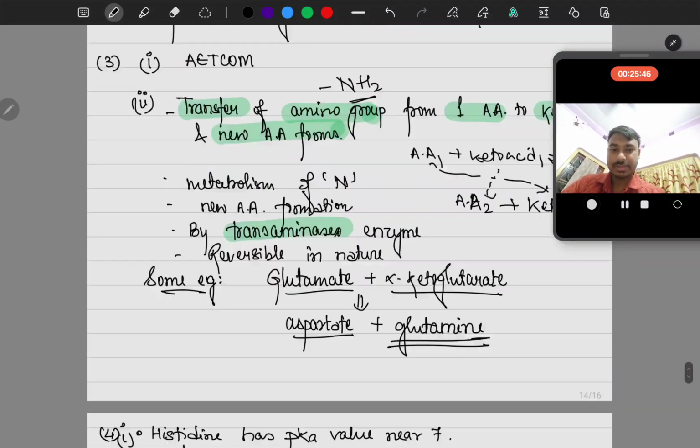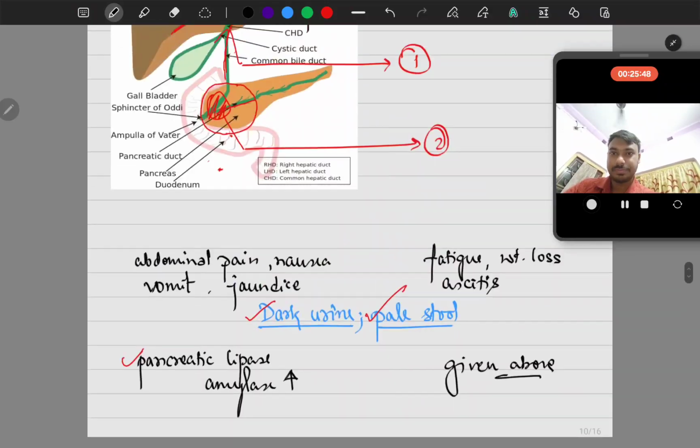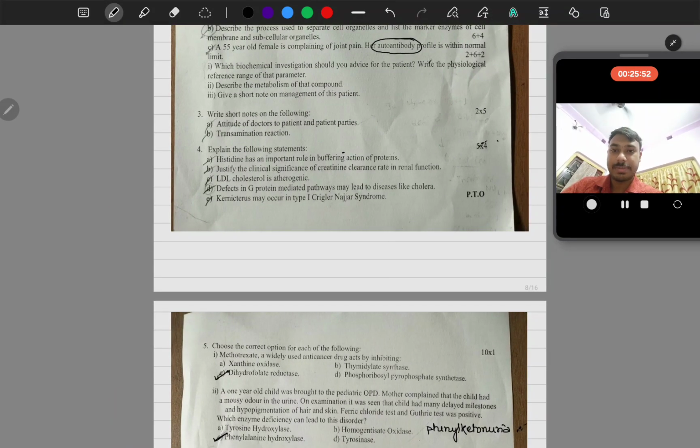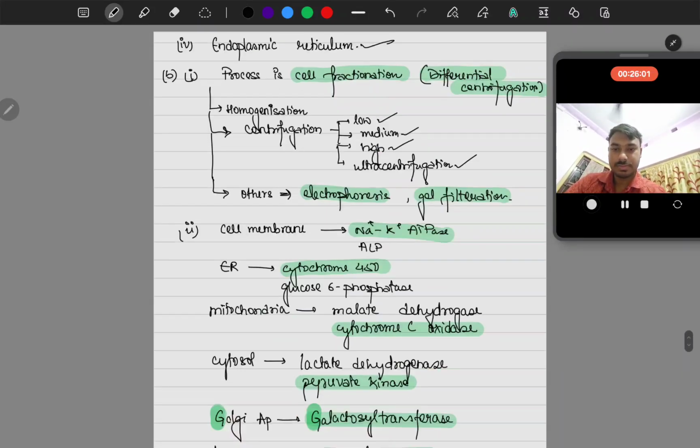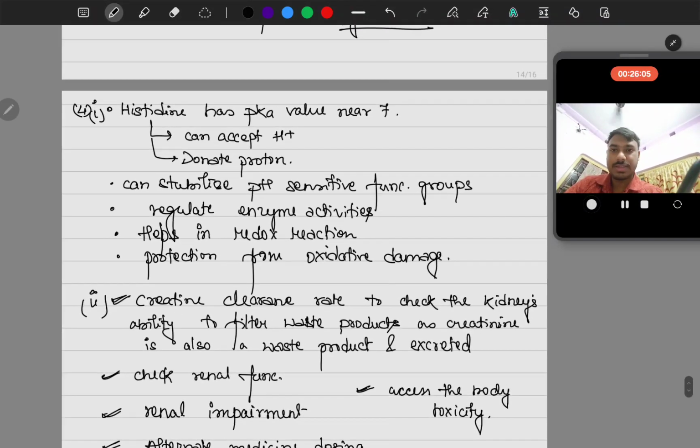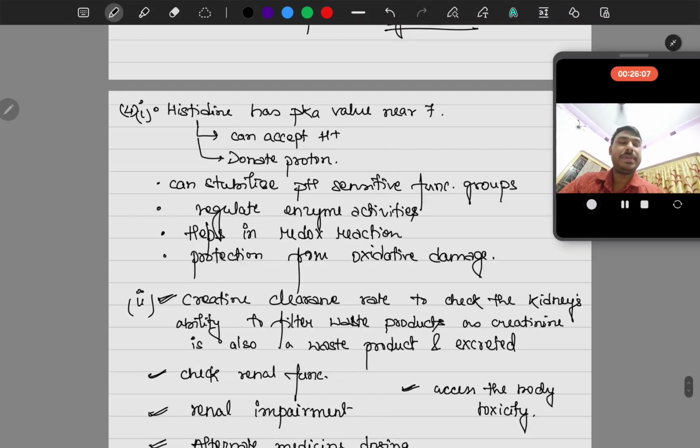Next question is, explain the following statements. Histidine has an important role in buffering action of proteins. So, histidine has a pKa value of near 7.